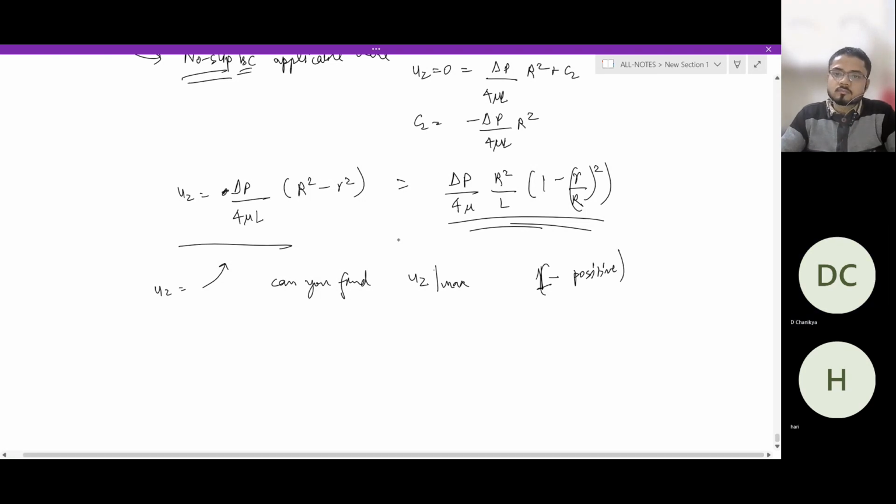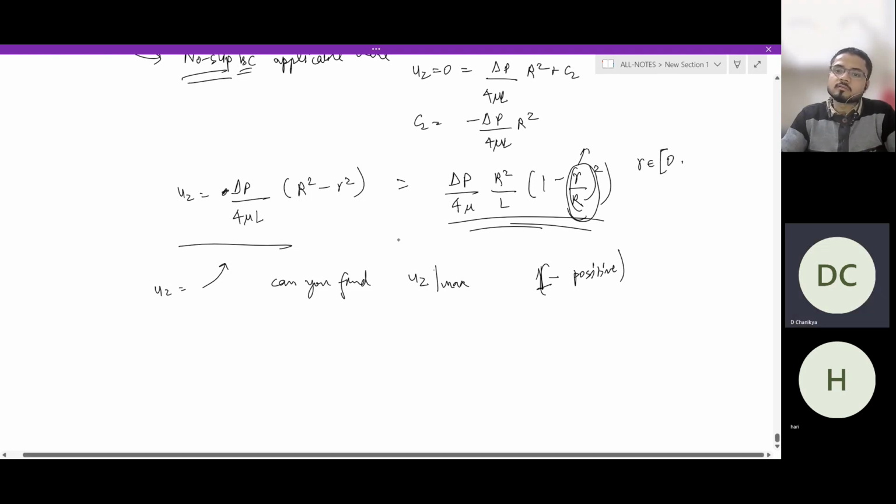If you increase this r, this entire term will keep increasing, and r can go from 0 to big R. So you are subtracting something positive from 1, so this will always be less than 1.